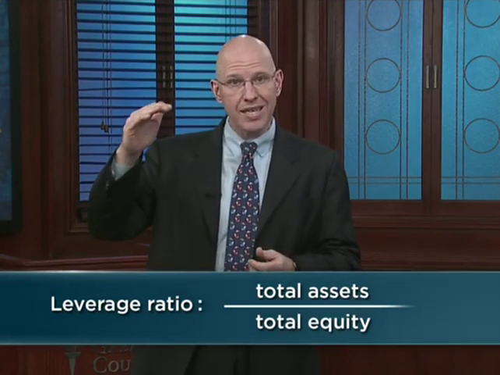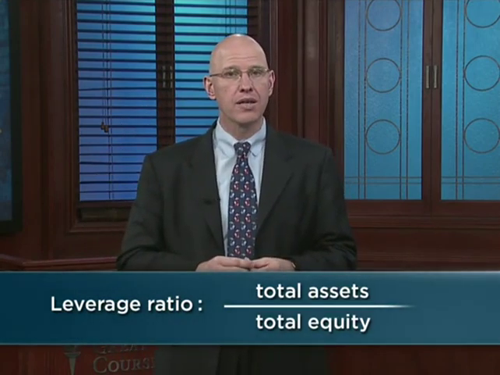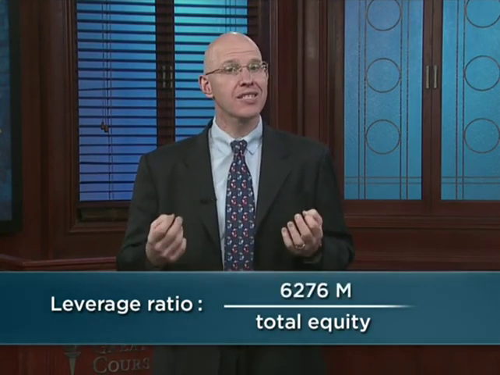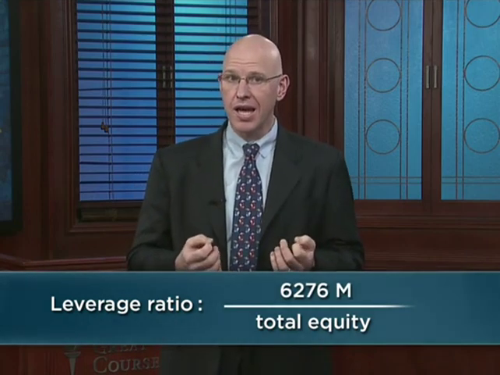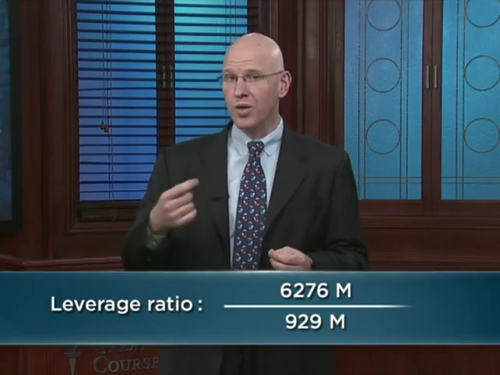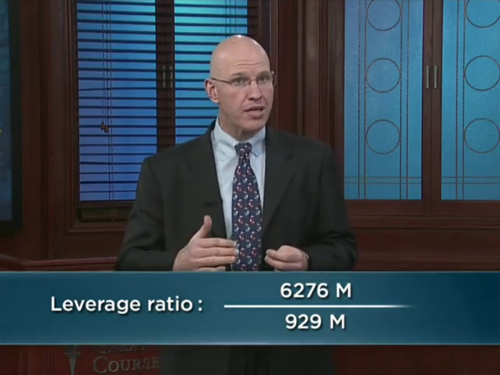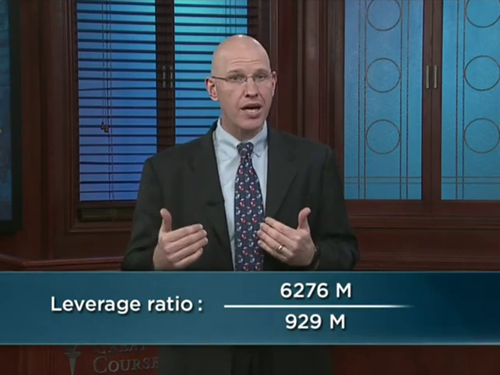There are lots of ways to measure leverage. Although some investors like to use debt-to-equity ratios, I tend to prefer leverage ratios expressed as total assets over total equity. Campbell's total assets are $6,276 million, and their equity is $929 million. This means that total assets over total equity is equal to $6,276 divided by 929, or 6.76.